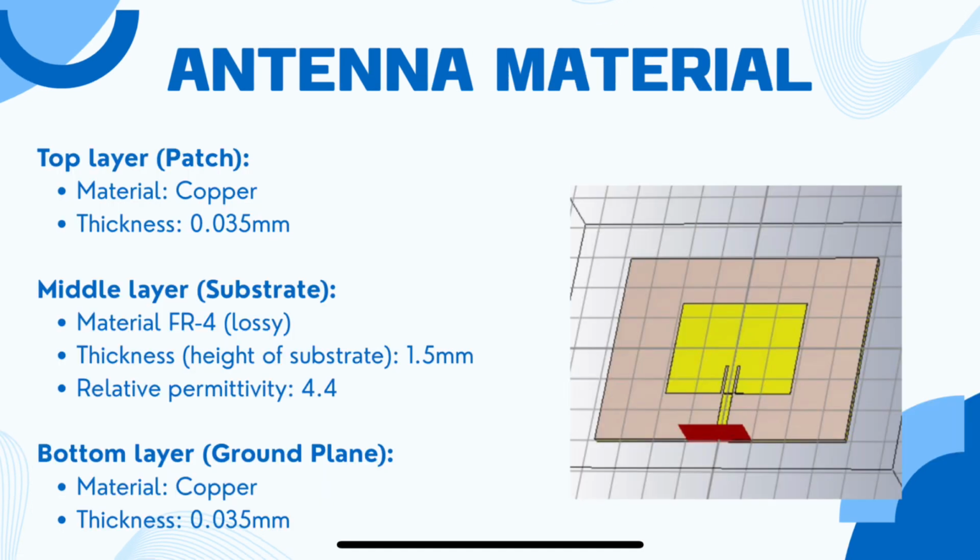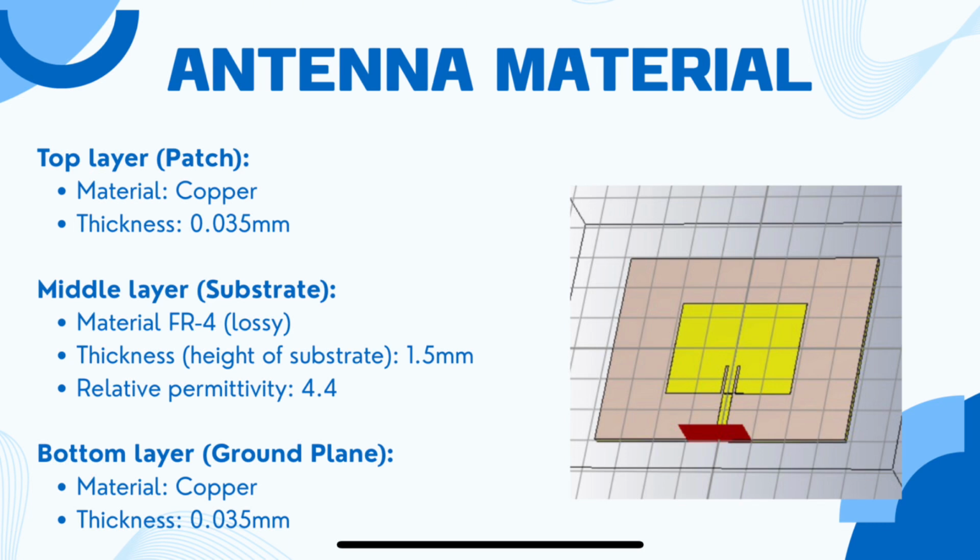Next, the antenna consists of 3 layers. First is the top, which is the copper patch. Second, the middle, FR4 substrate with 1.5 mm thickness and permittivity 4.4. Last is the bottom, which is the copper ground plane.